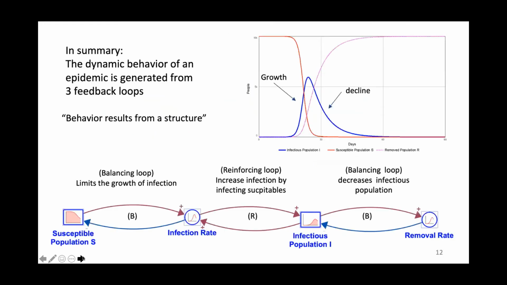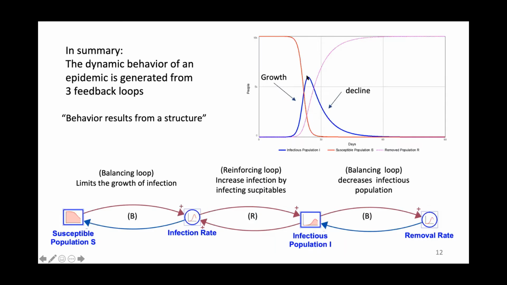So to go down, as I promised, to explain the dynamic behavior and what causes it, the behavior we have seen, this growth and decline, is basically generated from 3 feedback loops. We already touched on that, mentioning that there is a reinforcing feedback loop, increasing infection by infecting susceptibles. The more infectious, the more there's infection rate, and this is responsible for the growth part.